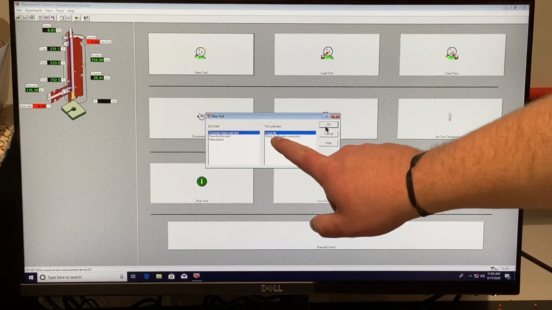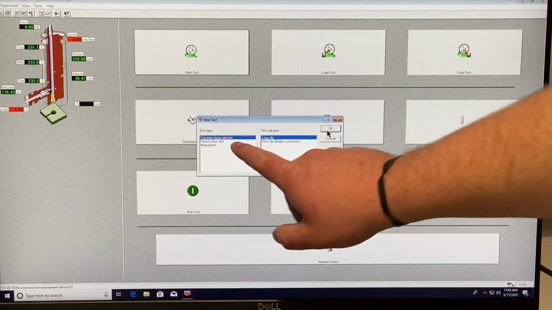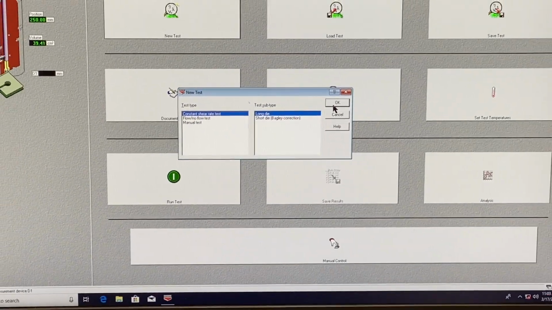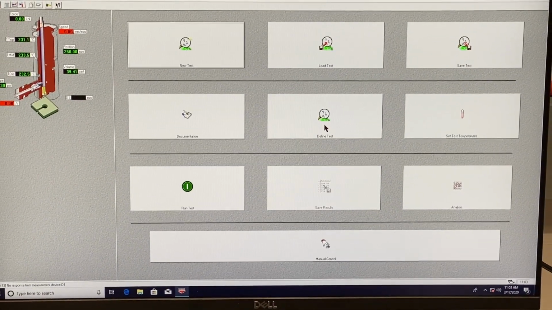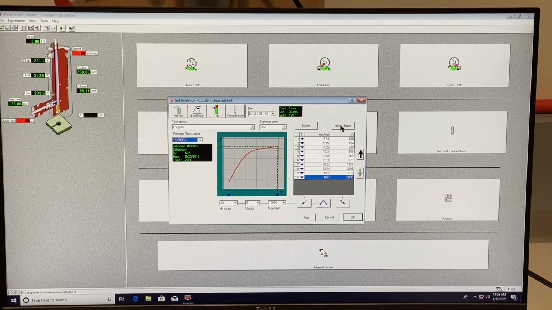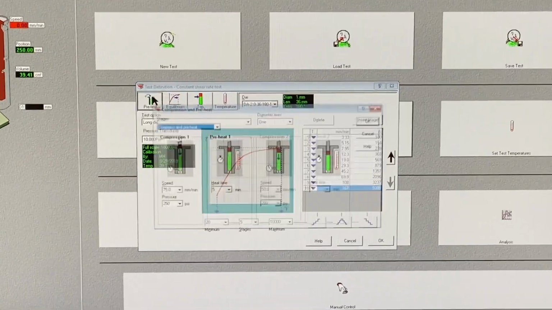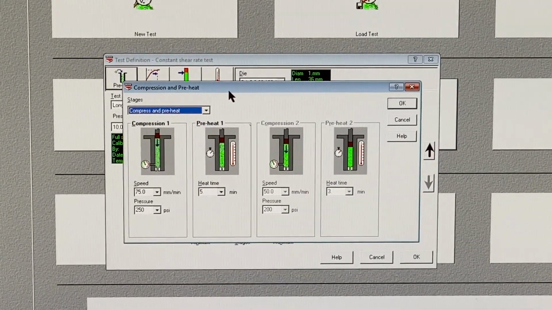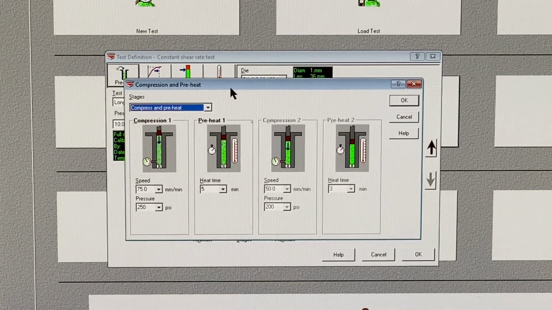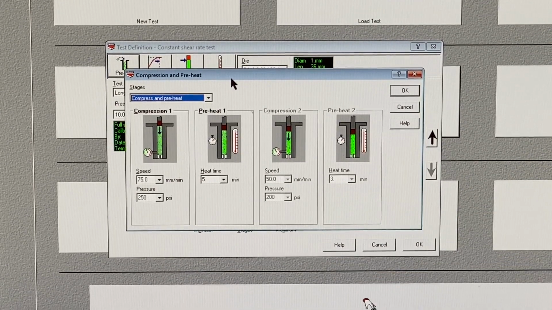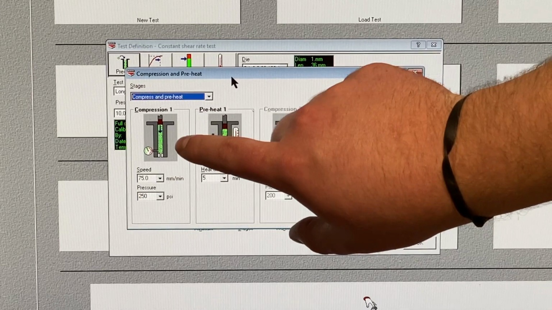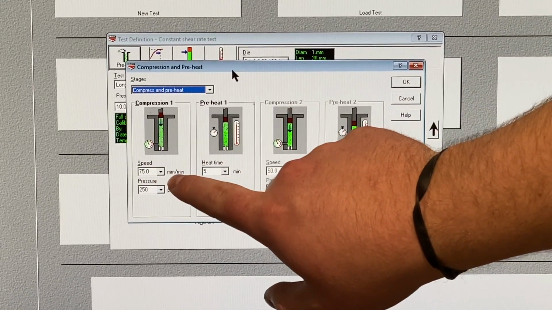So we're going to be using the long die at a constant shear rate test. I'll show you guys what the die looks like. Here we can define our test. So our pre-test, we're going to do a compression and preheat. Essentially what the compression will do is that the piston is going to move down at a rate of 75 millimeters per minute.